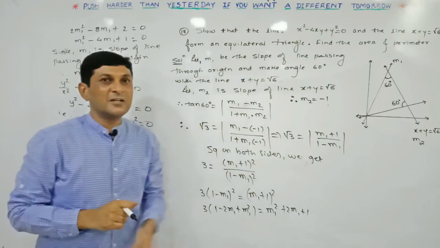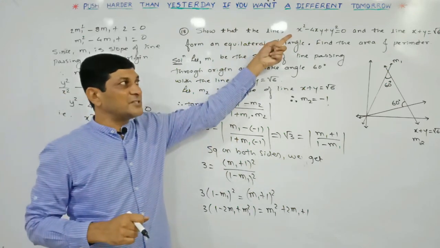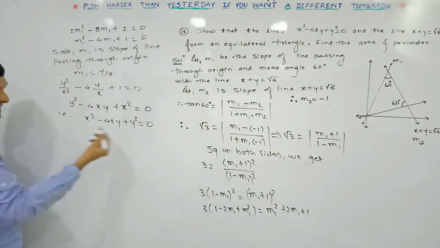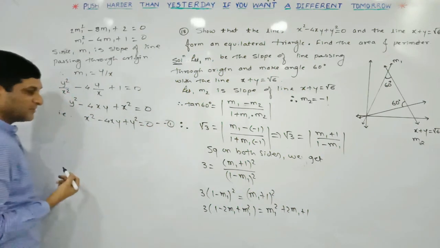Means what we can conclude that the line represented by this equation forms which triangle? Equilateral triangle with that line. So let us denote this equation by equation number first.